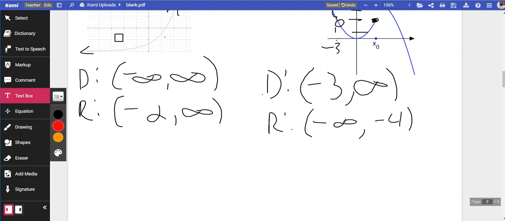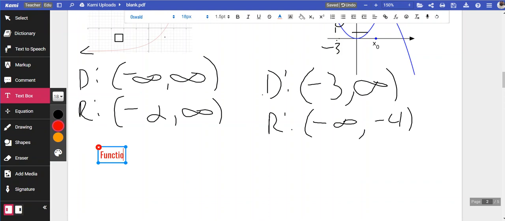A function is just a fancy relation. It's a relation that passes the vertical line test. You guys remember that?